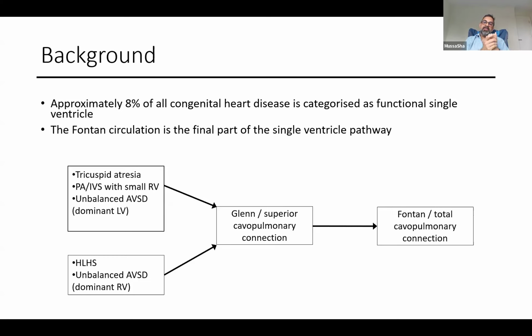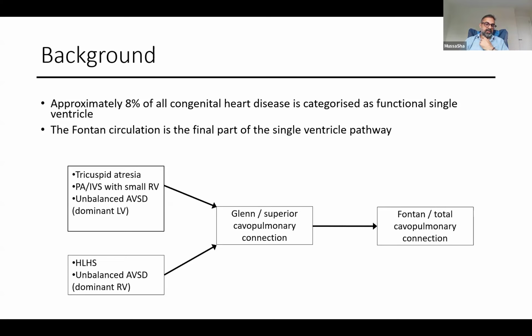And then we come to our Fontan completion, or completion of the Fontan circuit, which is when the remainder of the systemic venous drainage is directed into the pulmonary circulation without going through the heart. And that's what we're here to talk about today.